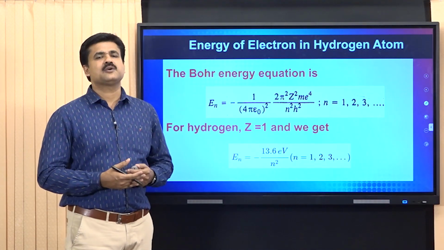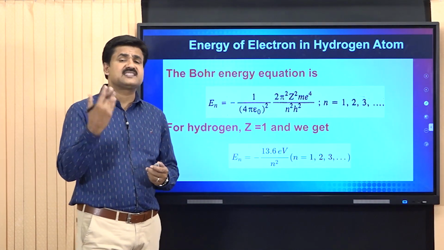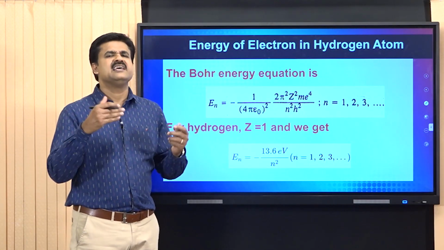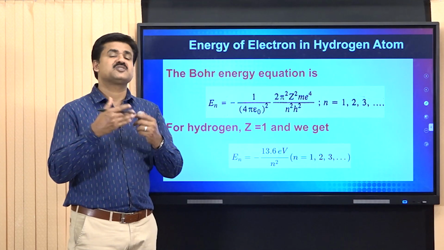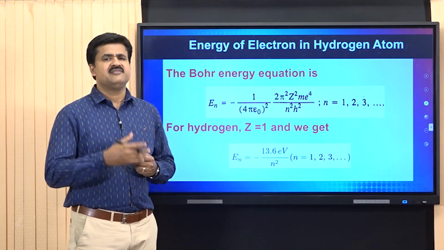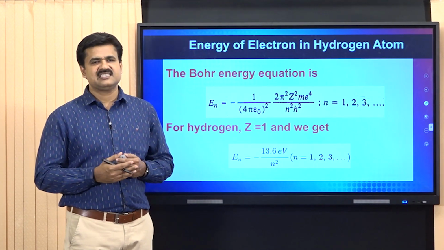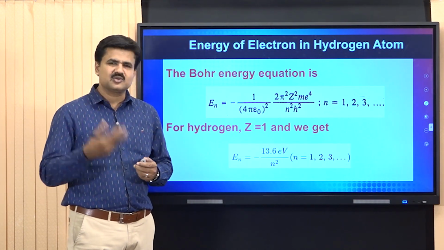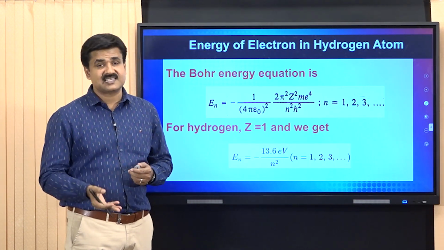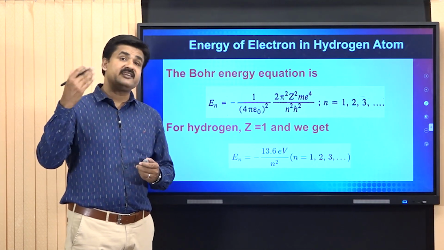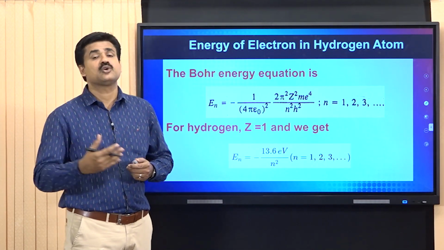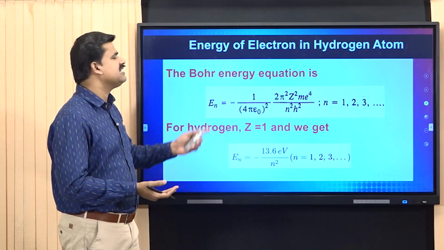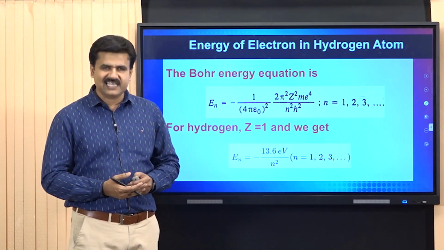As a result of the Coulombic force of attraction between the positively charged nucleus and negatively charged electron, there occurs a strong attractive force, which leads to a decrease in energy, and hence the energy of the electron also decreases. But it decreases from zero, because the electron previously at infinity had zero energy. It is now reduced from zero, so we get a negative value of electronic energy.